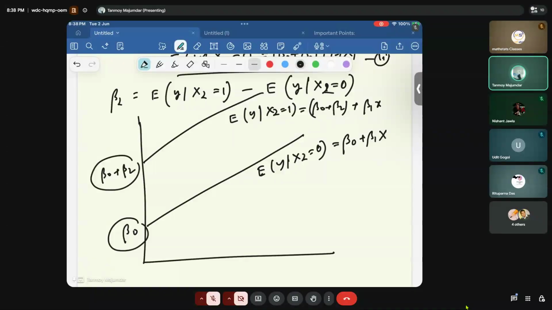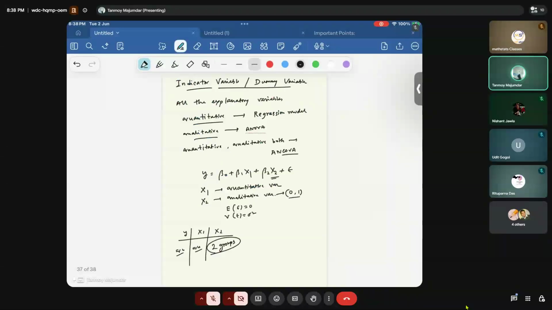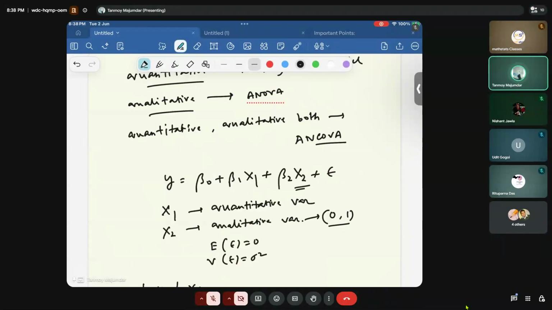So what is the gap between two regression lines? They're both parallel. Why parallel? Because the regression slopes are all the same, both are beta 1. Since the regression slopes are the same, we are getting two parallel lines. So what we have done, we started with the regression model where one variable is quantitative, one is qualitative, and we divided the model into two models.